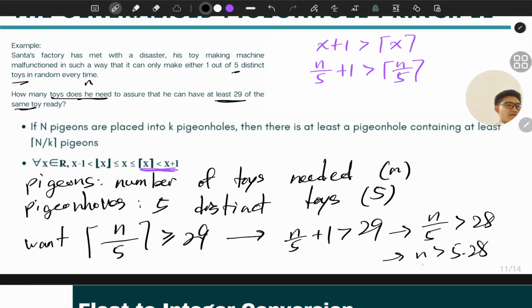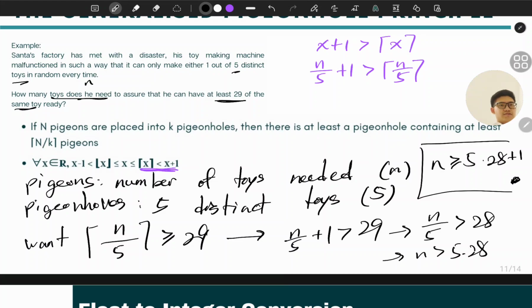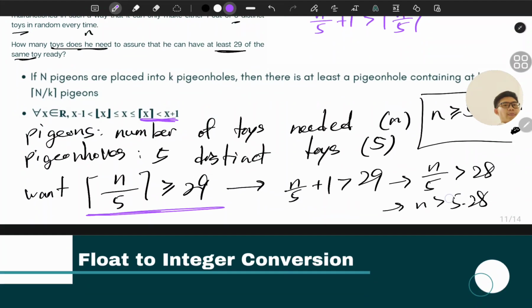Therefore, if n needs to be an integer, n has to be greater or equal to 5 times 28 plus 1. So yeah, that's how you would deal with this kind of operation.